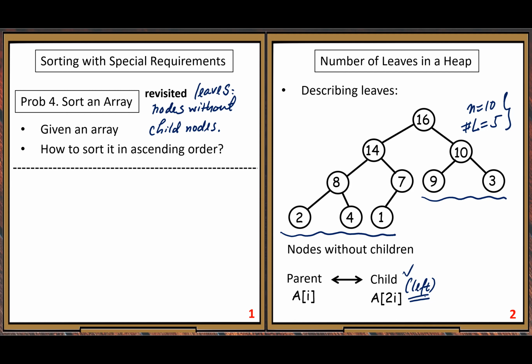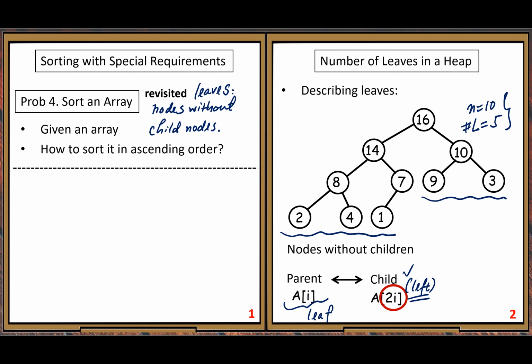So here, I and 2I, that kind of relationship. Let's think about what condition we need when we know the left child node has the position 2I. When we talk about a leaf node, we mean this one is a leaf node.